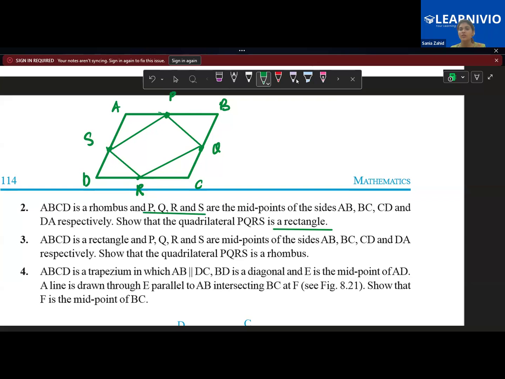Okay. So who will tell me what is the feature of a rectangle? How can I prove that any figure is a rectangle? All the angles are 90 degrees. Opposite sides are equal. First of all, children, can you prove that opposite sides of this red parallelogram are equal? It is a very simple proof.